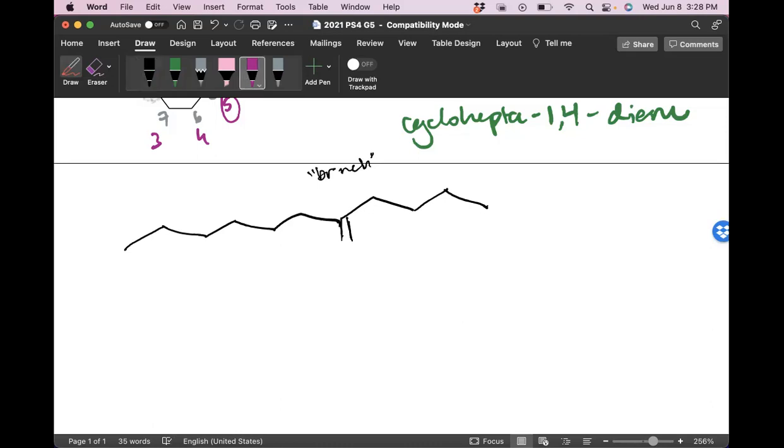What you're used to is looking at the longest parent chain, which is correct, and then naming any branches that stick off from it. And if that was the case, you would have an undecane.